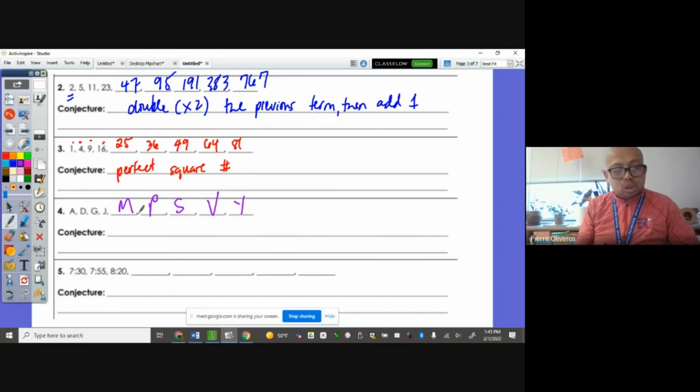To generate the next term, what do we do? We skip two letters after the previous term.